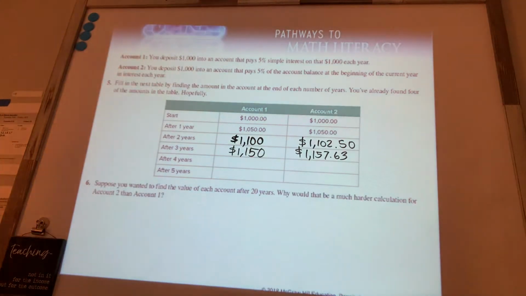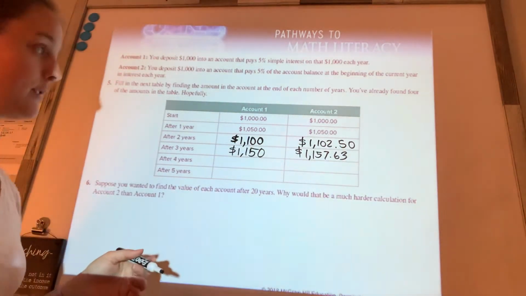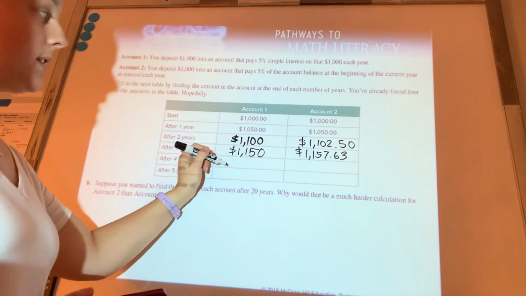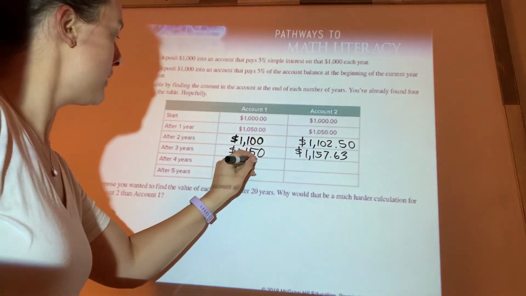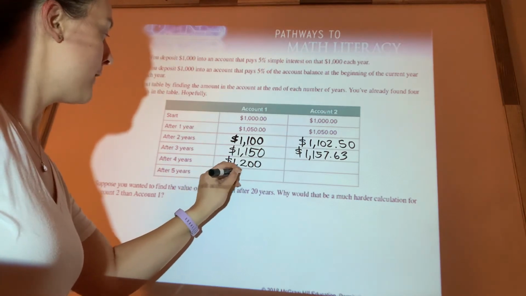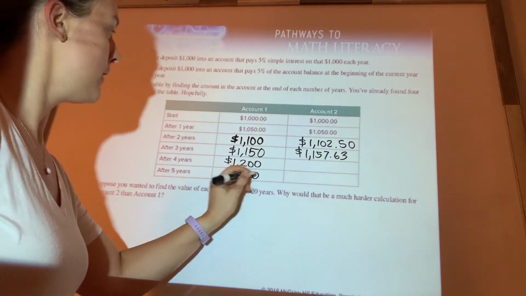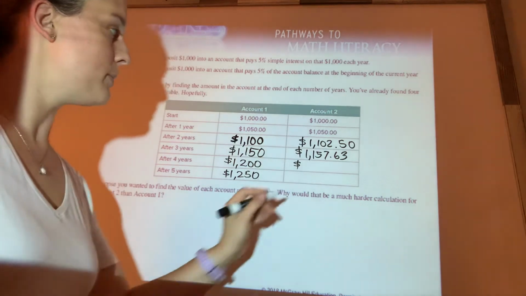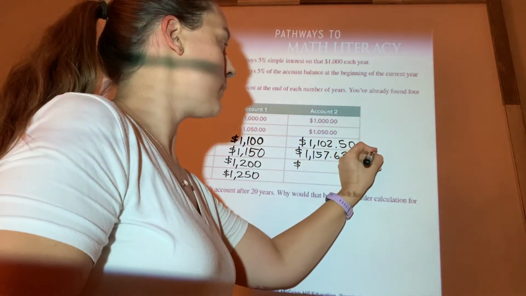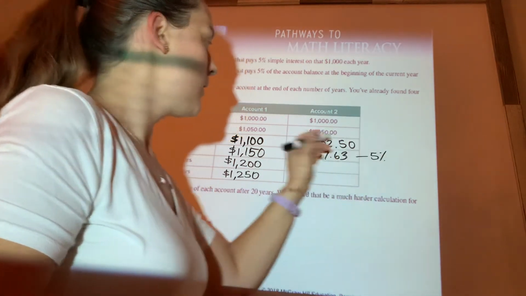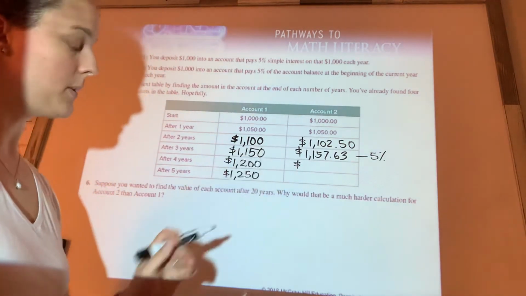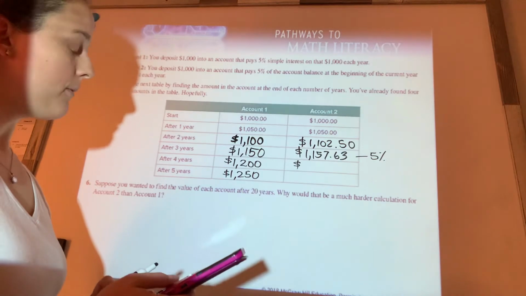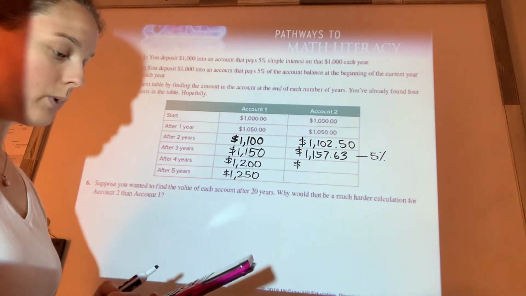All right, so now we just have to find the rest of the table. This is pretty easy. You just keep adding $50. So we have 1,200 and then 1,250. Okay. Over here, I'm going to do my work off to the side. I have to find what 5% of this balance is, and then I'm going to add that to get to the next balance. So I'm going to do 1157.63 times 0.05.